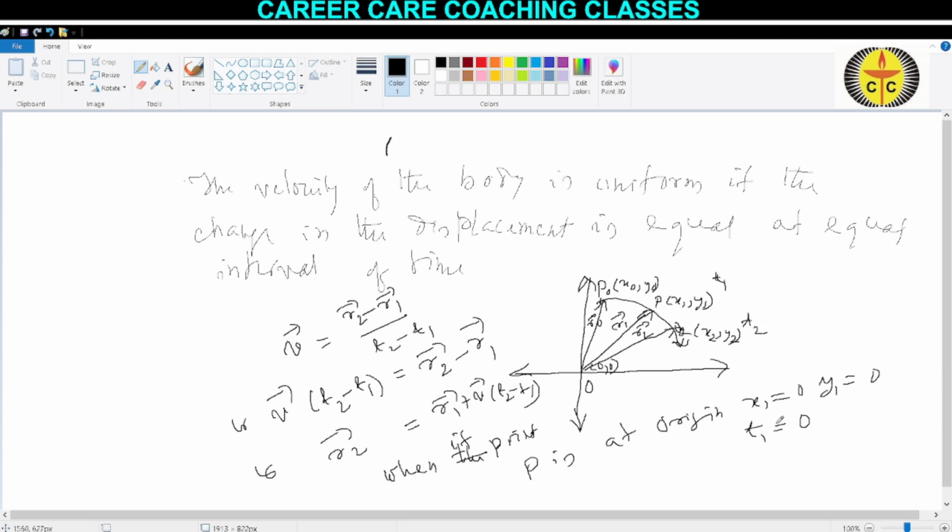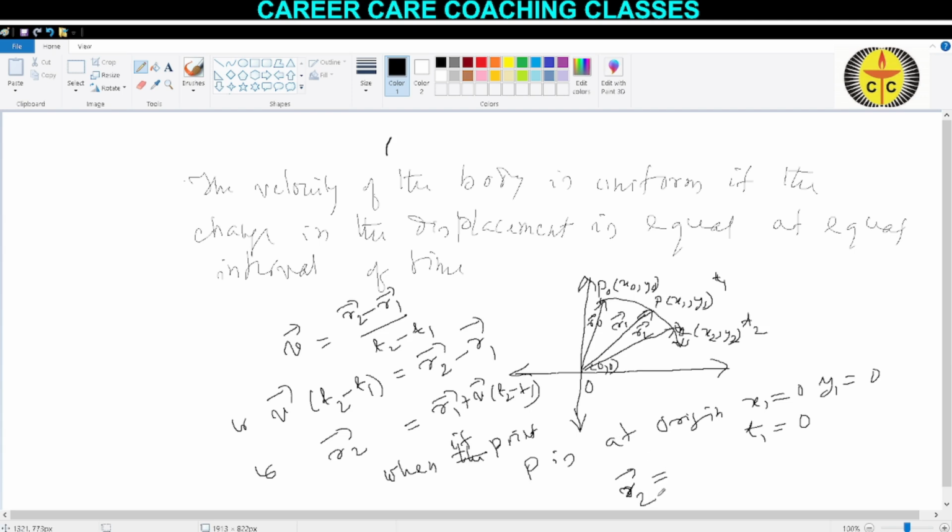So at that time, in general, you can write R2 is equal to R. This R2 may be R, and this is R0.